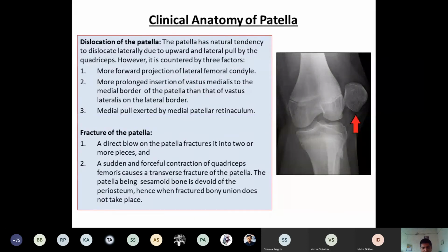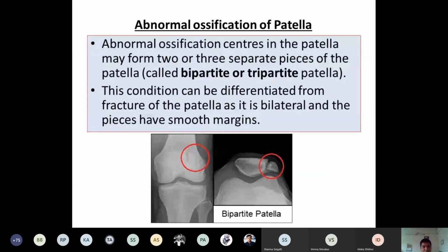These help in healing of the bone, but here this is lacking. So there will be no reunion of the fractured segments, or delay in healing of the patella, because of this periosteal deficit in the patella. This fact you have to remember. And sometimes there will be abnormal ossification of the patella.